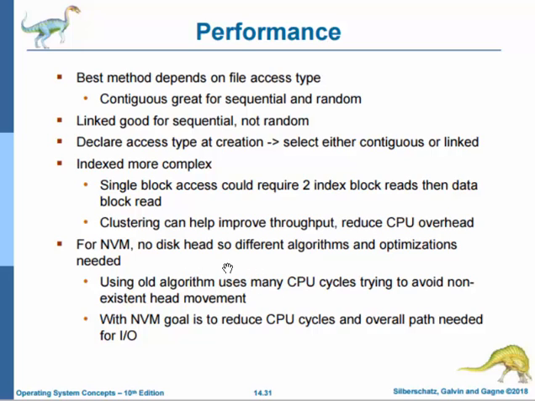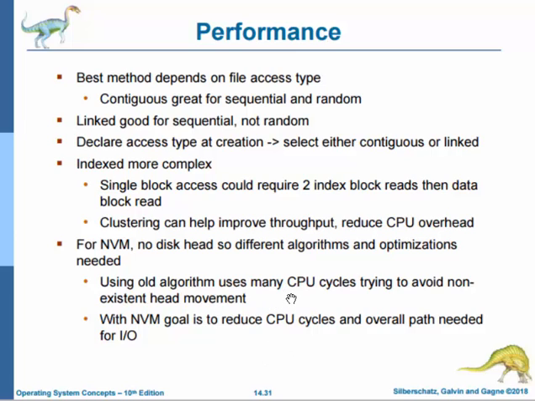Now, some systems combine contiguous allocation with index allocation by using contiguous allocation for small files and automatically switching to index allocation if the file grows large. Since most files are small and contiguous allocation is sufficient for small files, average performance can be quite good. Many other optimizations are in use.